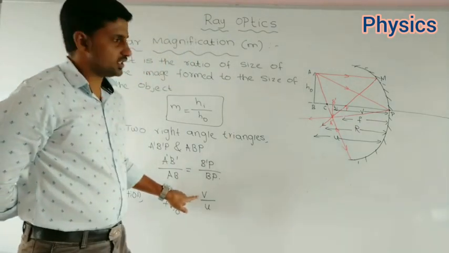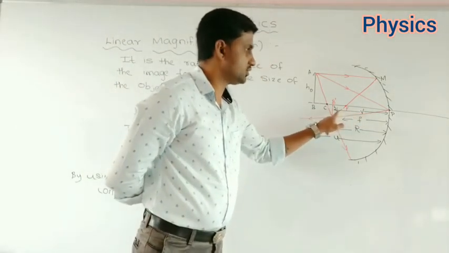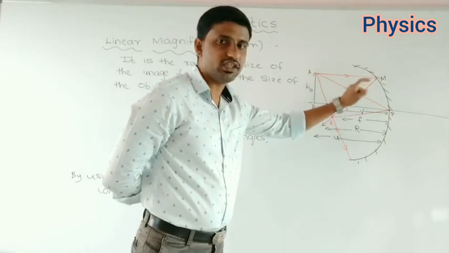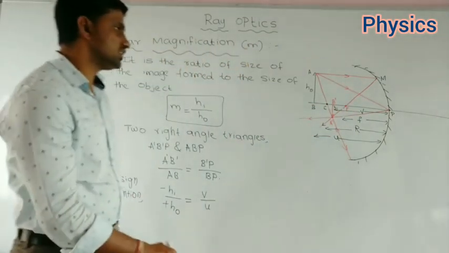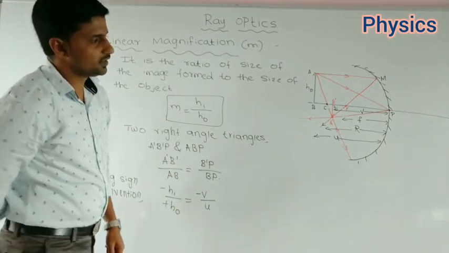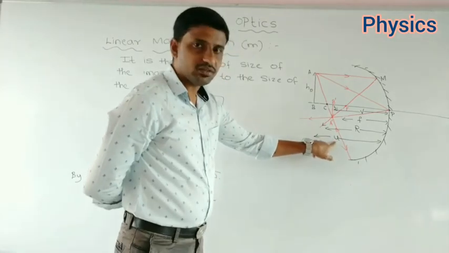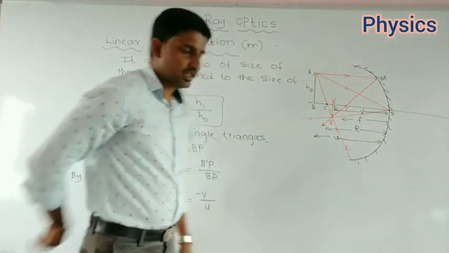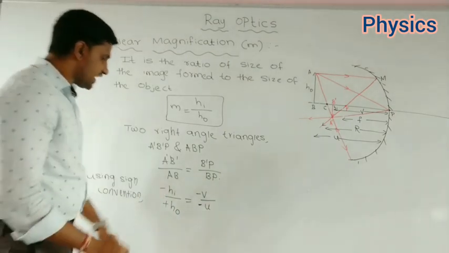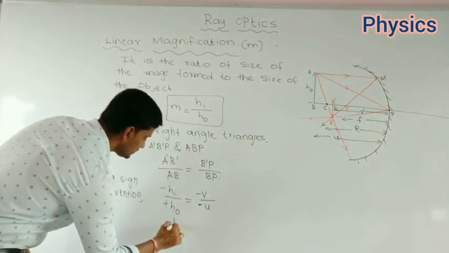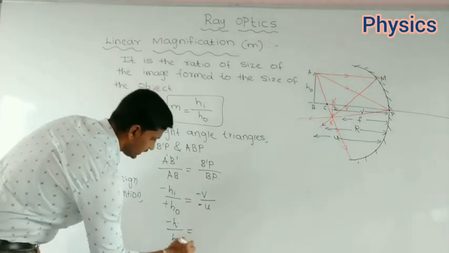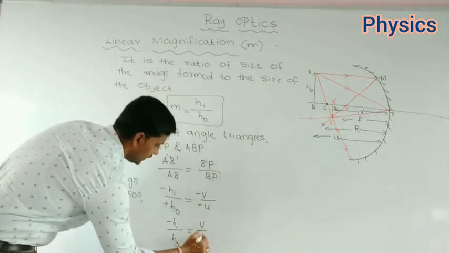The image distance is opposite to the incident light, so it is negative. Similarly, the object distance is also opposite to the incident light, so I can write minus there also. So this expression becomes minus hi by h0 is equal to v by u, as the minus cancels.